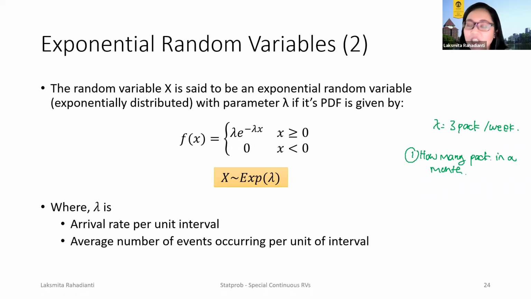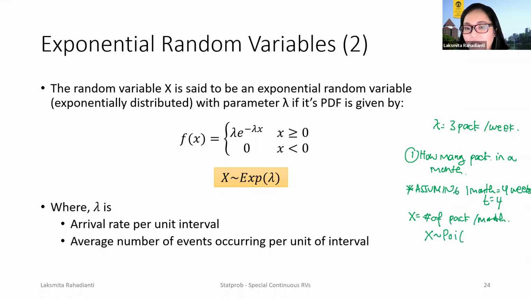Then assuming, I'm just going to round up here, 1 month is 4 weeks, my T would be 4. And thus my X, the number of packages per month, would follow a Poisson distribution of lambda times T.